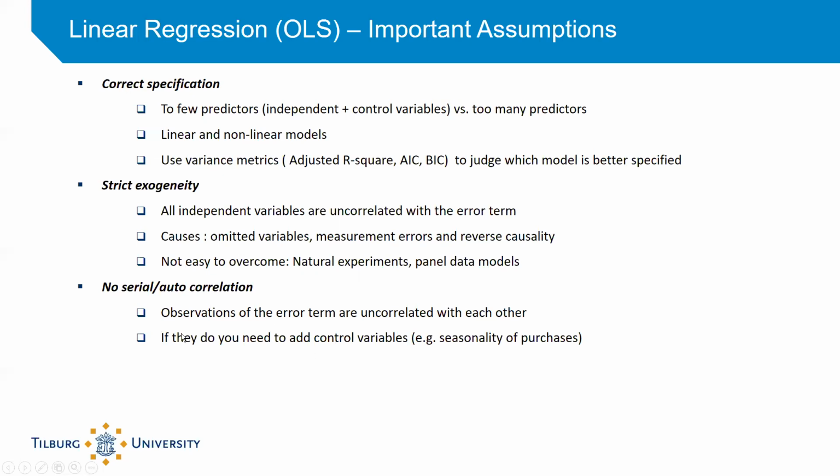Mathematically, we say that the observations of the error term should be uncorrelated with each other. It need not always happen in time series data. It could also happen in network data, wherein the choice of one person is influenced by someone else's choice. In those cases also you get autocorrelation.